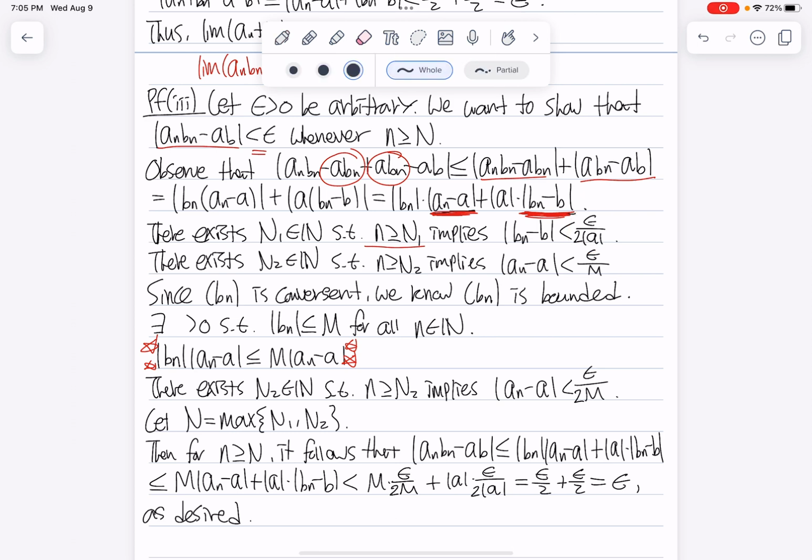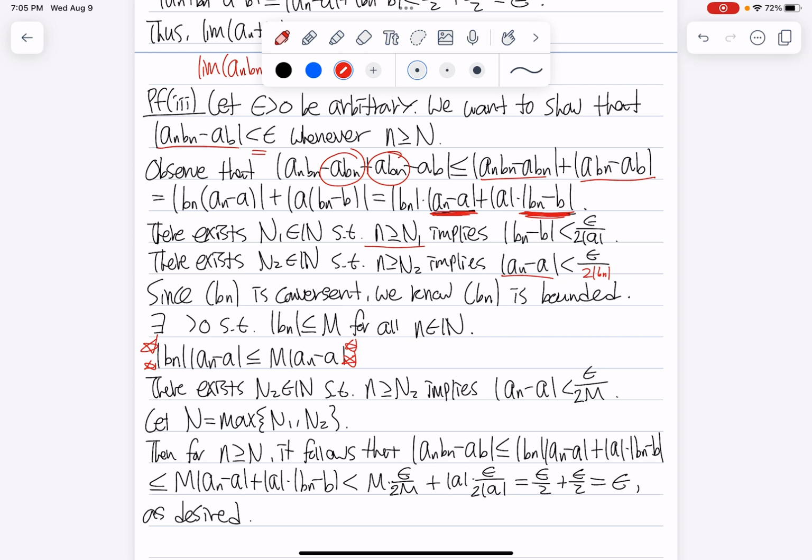Well, that was not the same case for the left-hand side of the equation. Since we had |bn| be a variable, we couldn't just make |an − a| less than epsilon over 2 times |bn|, because bn is a variable. But we use the fact that the sequence bn is bounded.